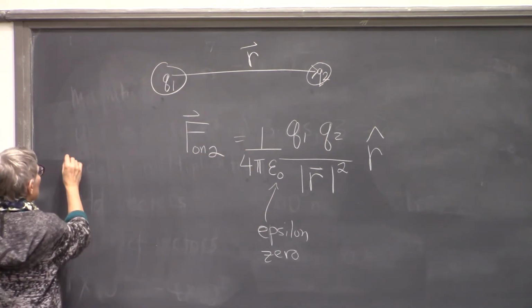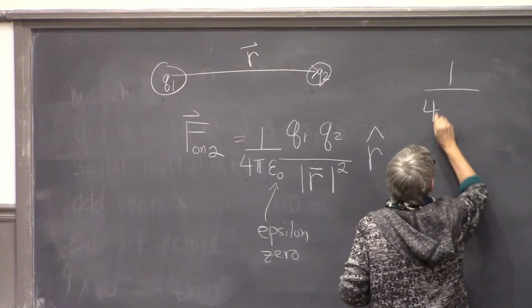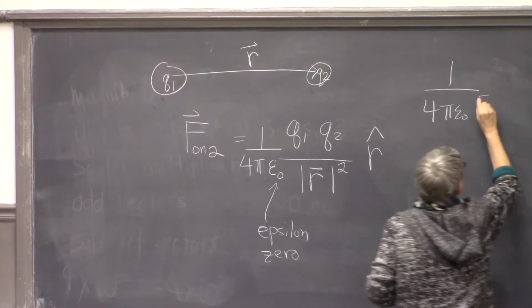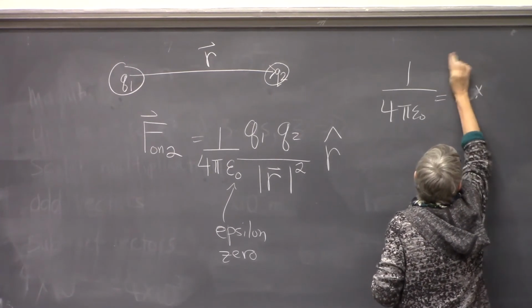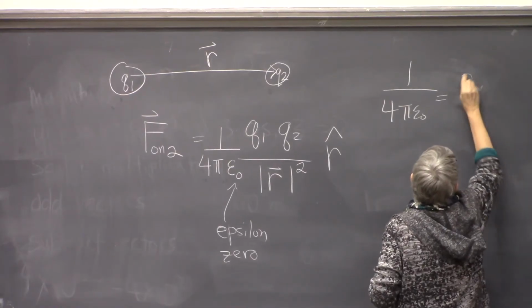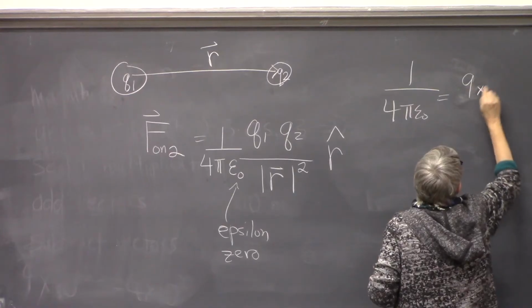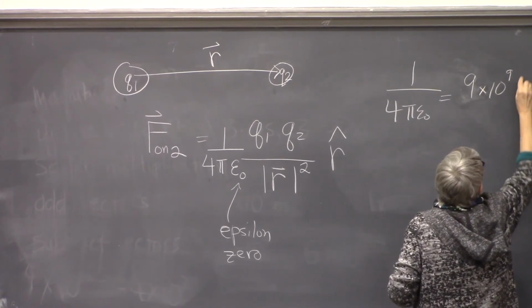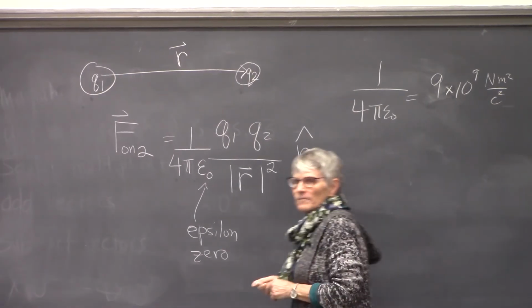We'll find that 1 over 4 pi epsilon 0 has the value 9 times 10 to the 9th newton meters squared per coulomb squared.